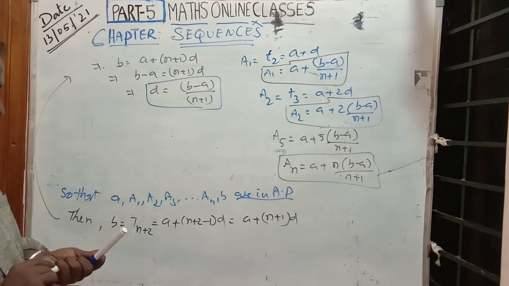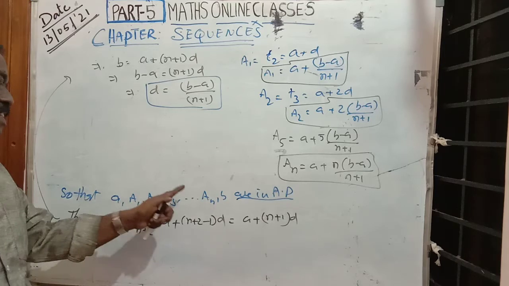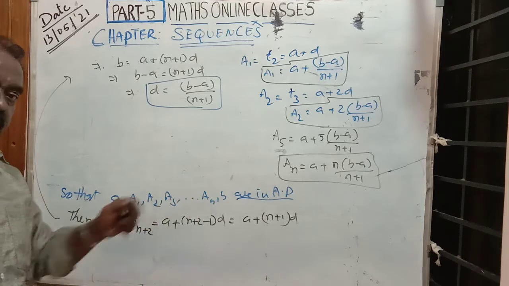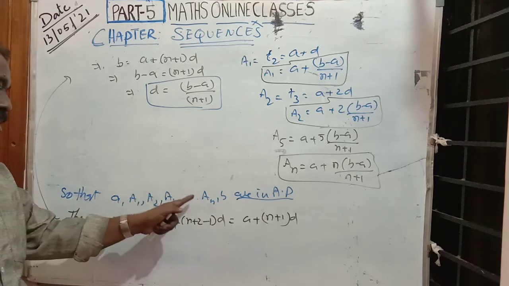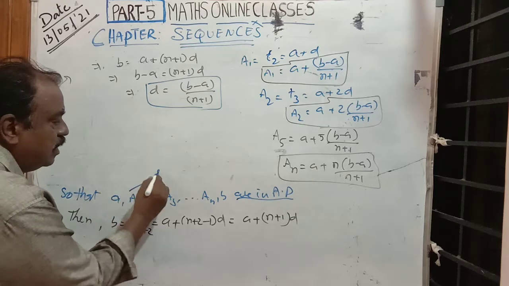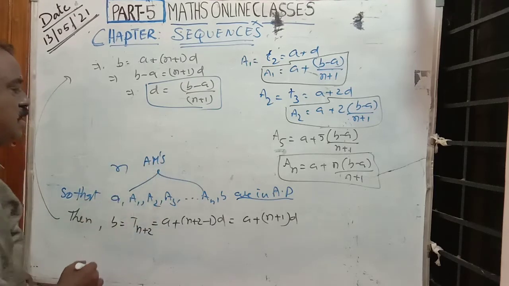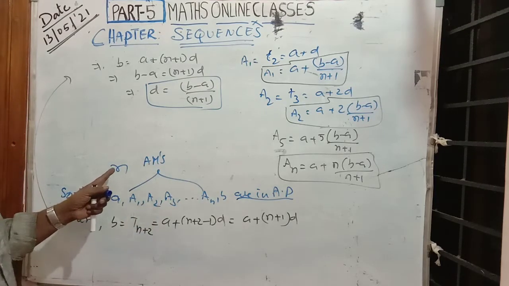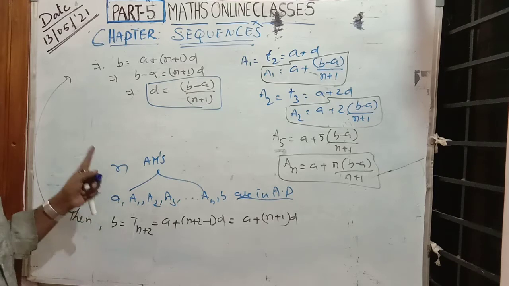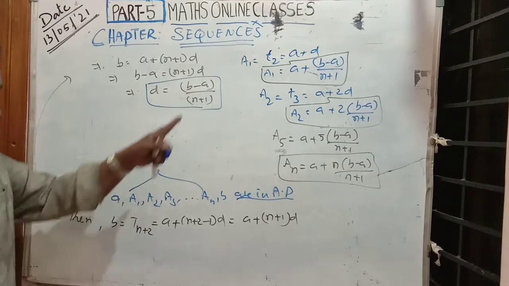An means there are n terms we are inserting between small a and small b. These are called AMs. How many AMs are there? N AMs are there. If you are asked to insert n AMs between A and B, the first AM is that formula.